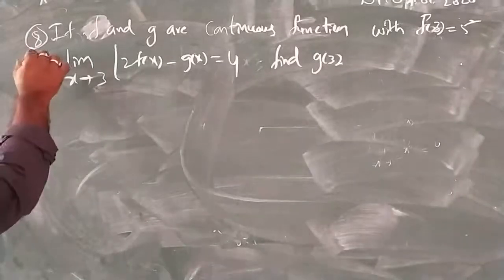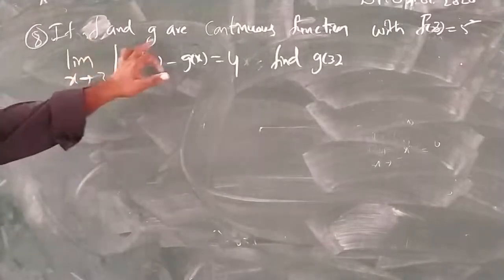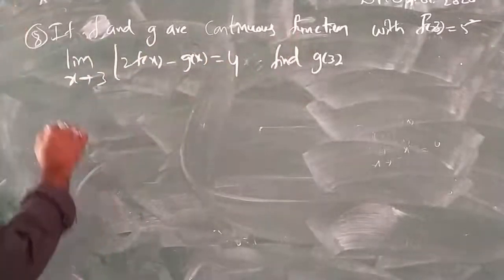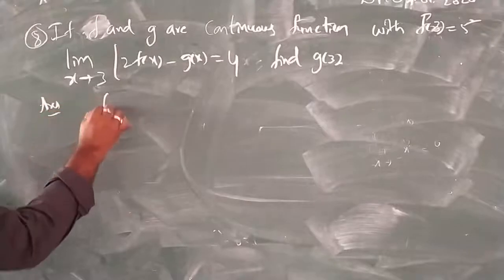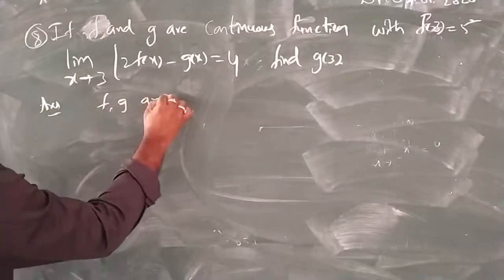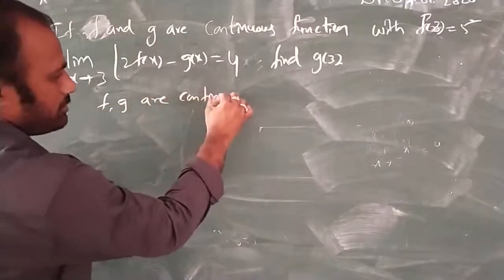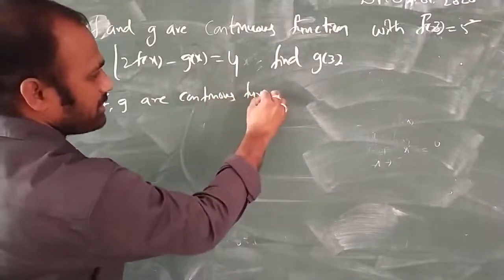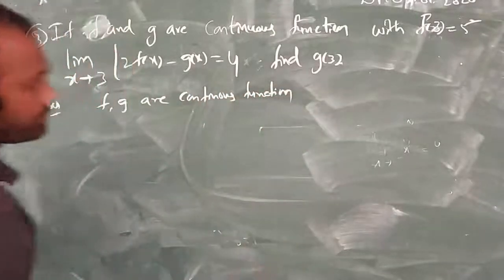Next, let us look at the 8th question. It is given that f and g are continuous functions. It means that the limit value is equal to the functional value.